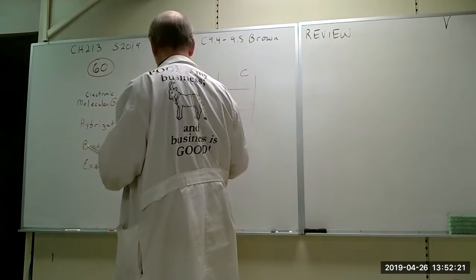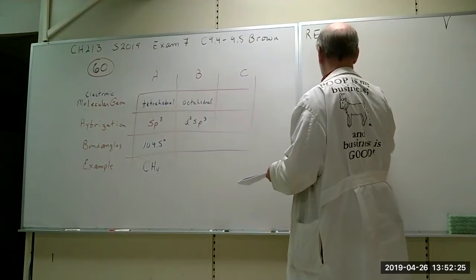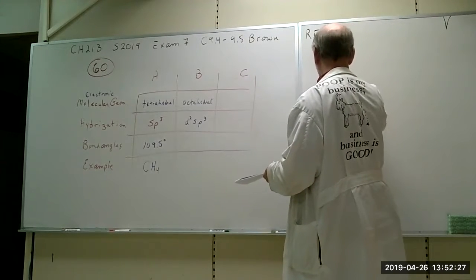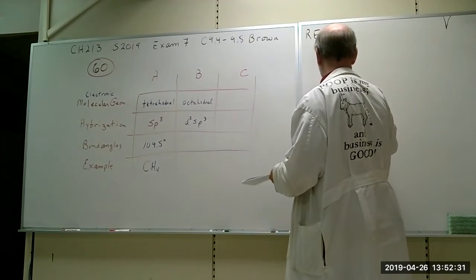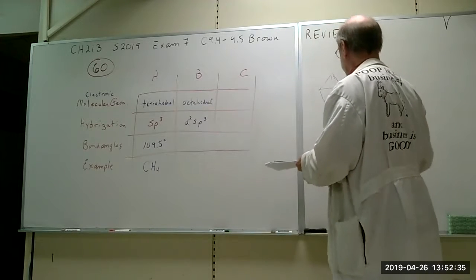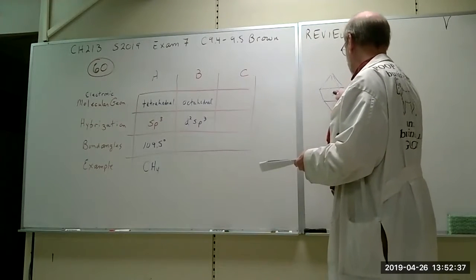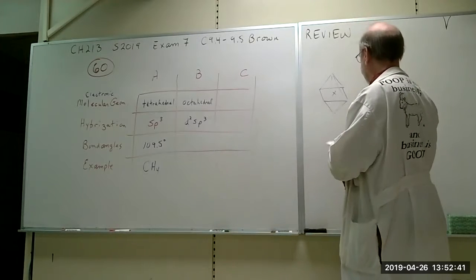And the bond angles there, I always have to draw my structure. We've got one up here and one down here. Okay. So we've got our central atom and then the peripherals. So what are the bond angles?